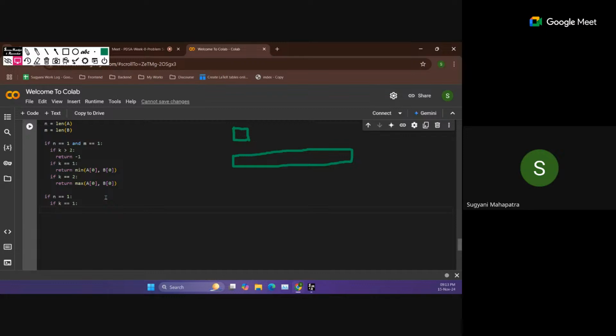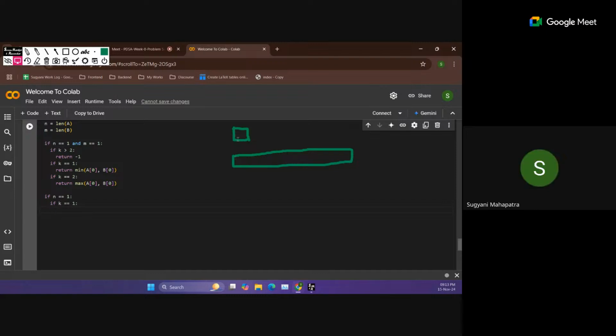So let's just look into the scenarios. If k is equal to 1, then what will happen? This is actually a pretty easy scenario. Think about it. If k is equal to 1, then what will go into the first element? If A of 0 is less than B of 0, then we return A of 0.